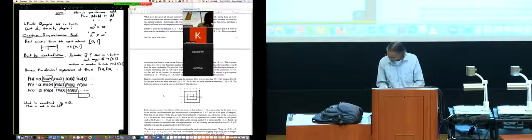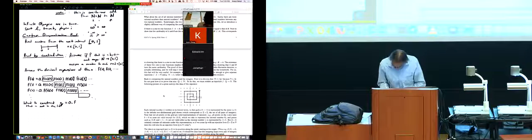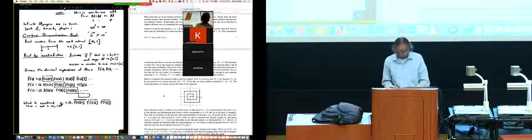So Q is 0 point, I take the first real number, and I do some operation to the digit to get a new digit. Then I take the second real number, and I take its second digit, and I do the same operation to it. Then I take the third real number, and I take its third digit, and I do some operation to it. So this operation changes that digit.